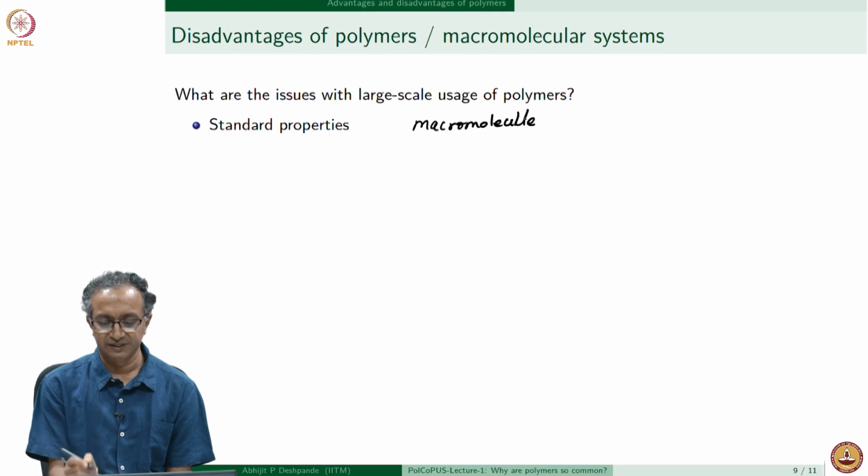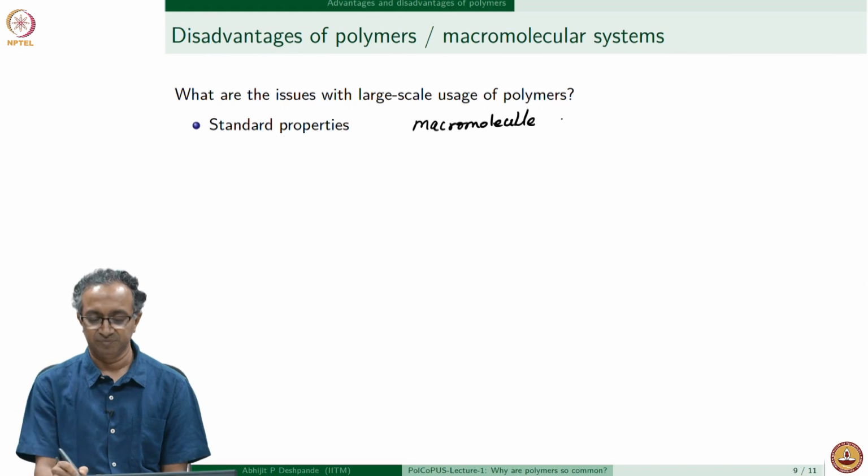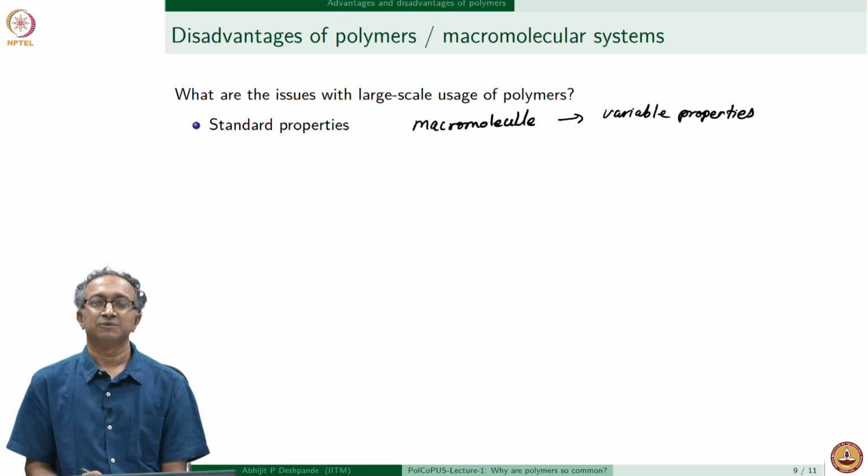And associated with this giant molecule nature is the variability in property. In fact, I said that as an advantage also. So therefore, if you want to design something with a plastic material, it's a little more challenging to do that, because standardized properties are not easy. Just by saying polyethylene is not sufficient.